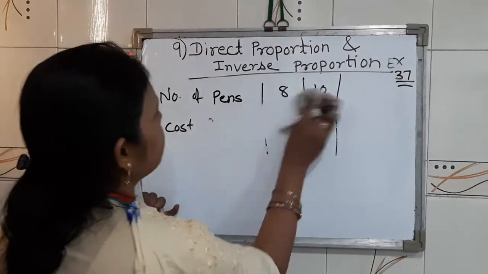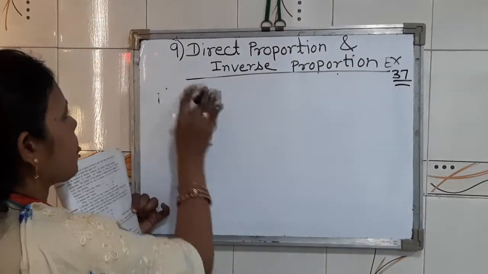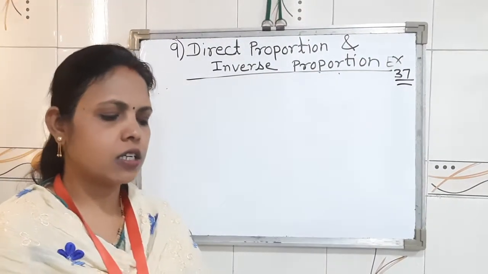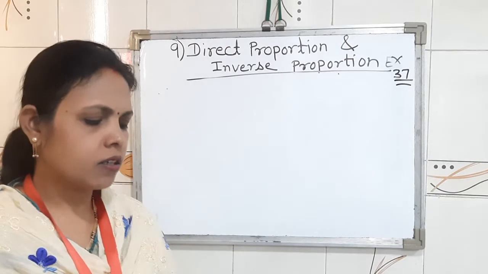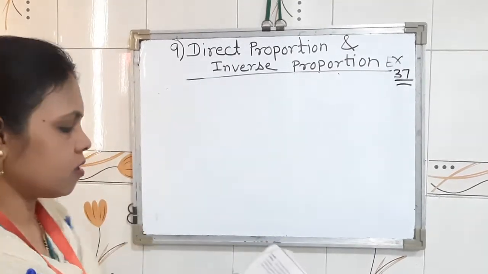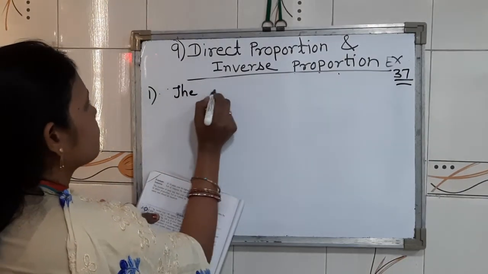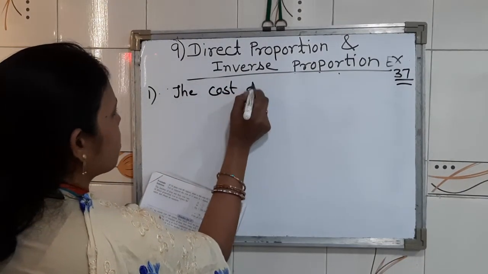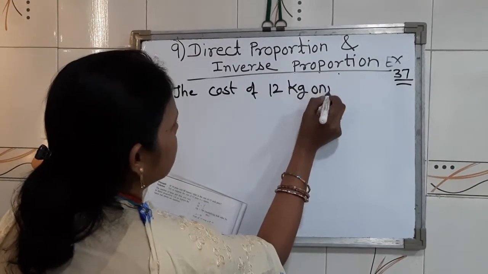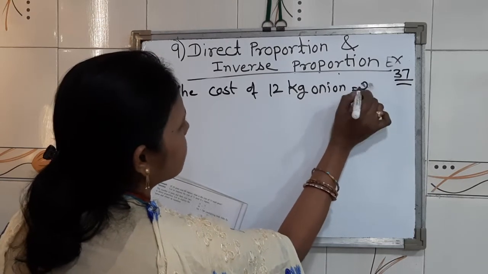Here is the first question. If 7 kg onion costs 140 rupees, how much must we pay for 12 kg onion? So, write down the first question. The cost of 12 kg onion equals x rupees.